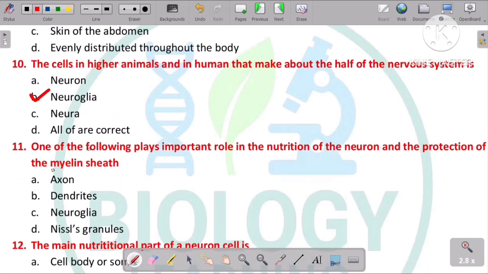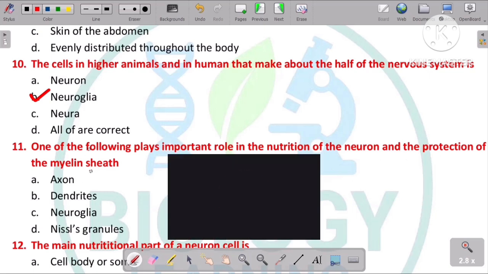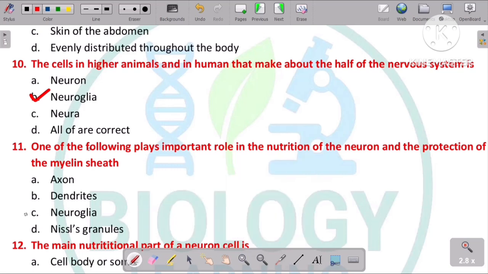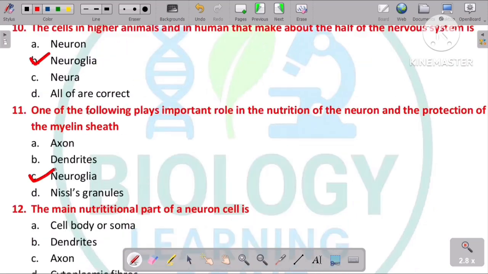So the next question is: which of the following plays an important role in the nutrition of the neuron and the protection of the myelin sheaths? So the right option is option C, neuroglia.